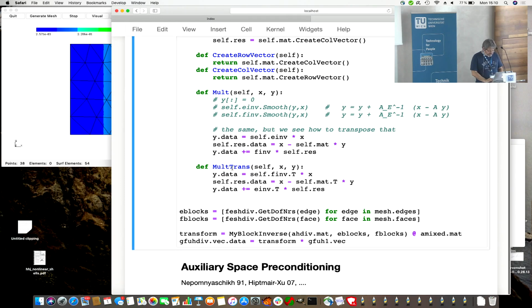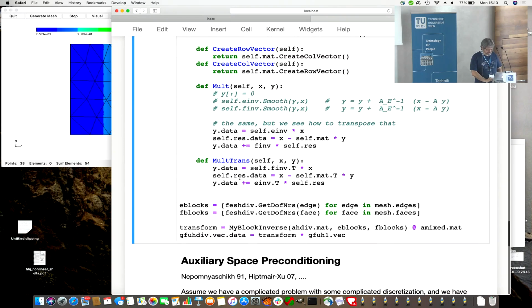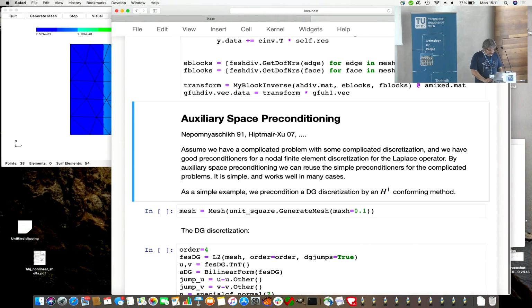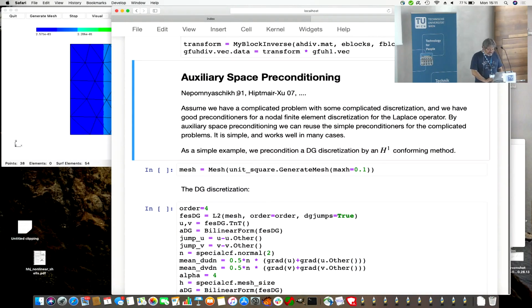This can also define the transpose matrix operation. We need a transpose for the embedding, and sometimes we need the transpose of the embedding.